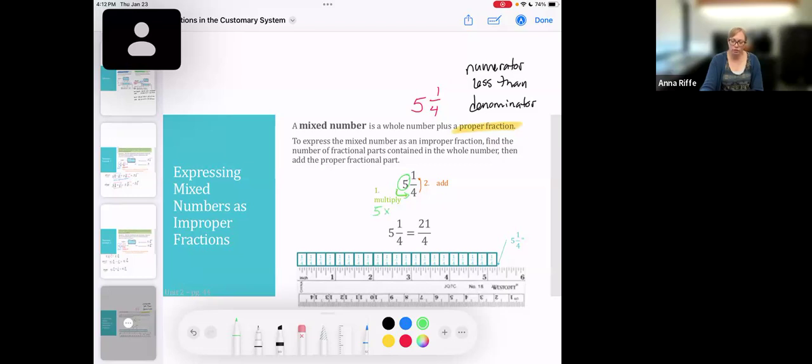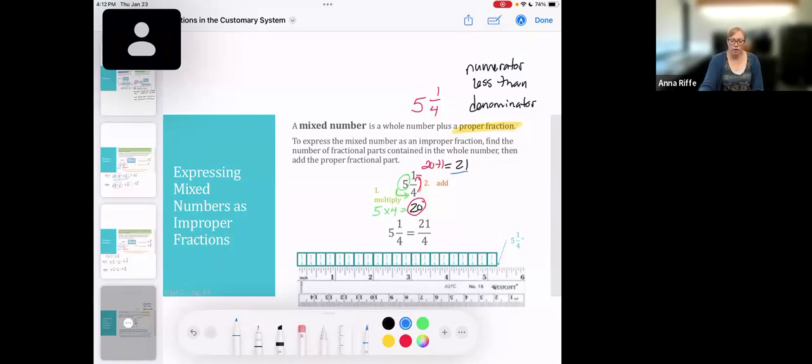So I'll take 5 times 4, and that gives me 20. That 20, I am then going to add to the numerator. 20 plus 1, that gives me 21.